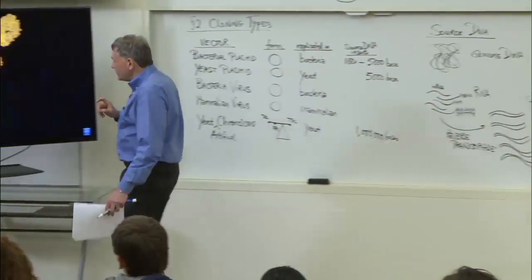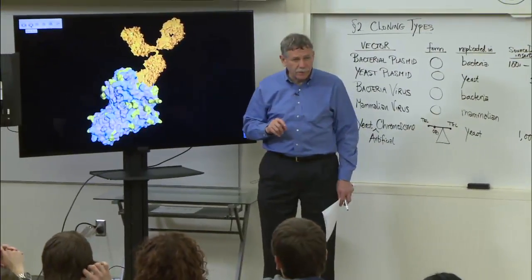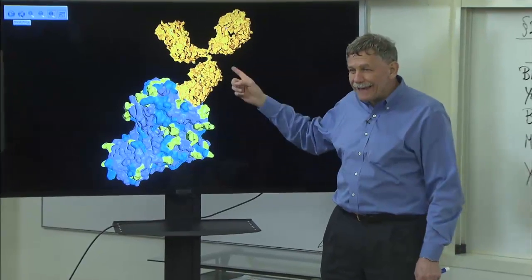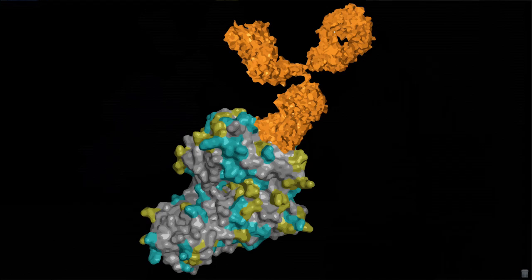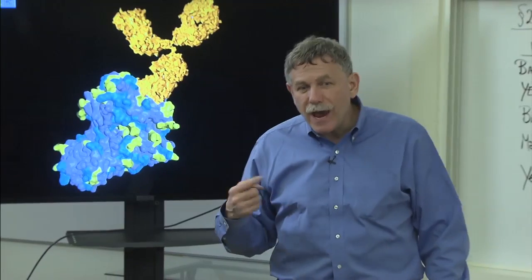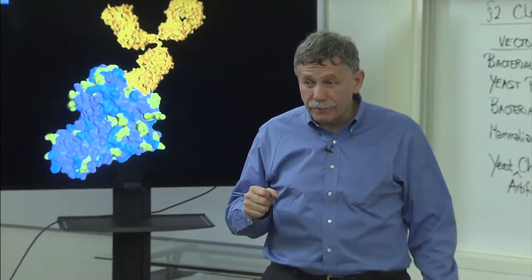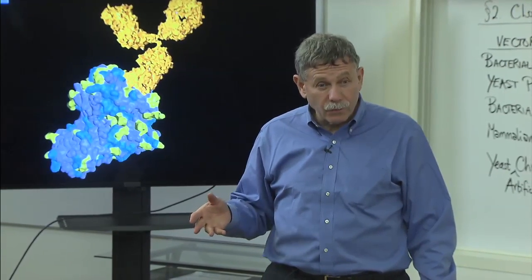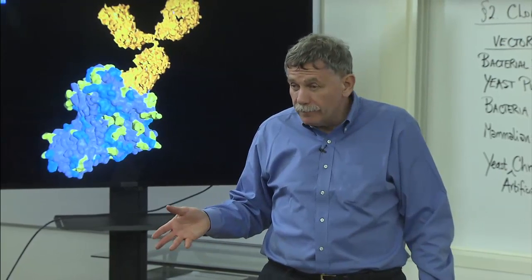It turns out with the immune system, your immune system will make antibodies against foreign substances. If I take human beta globin and inject it into a bunny rabbit, the bunny rabbit will make an immune response against beta globin.